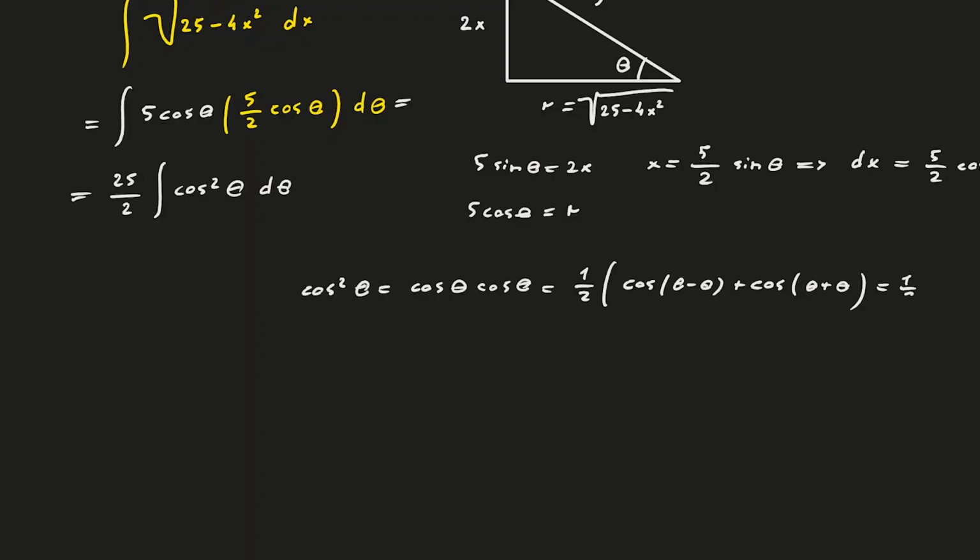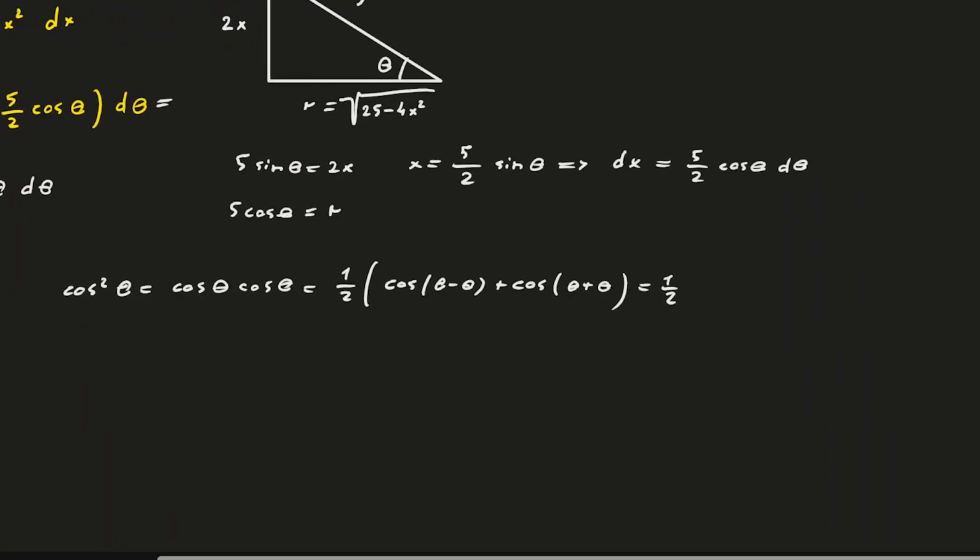So this equals 1/2 times the cosine of theta minus theta, which is the cosine of 0, that is just 1, plus the cosine of theta plus theta, which is the cosine of 2 theta.